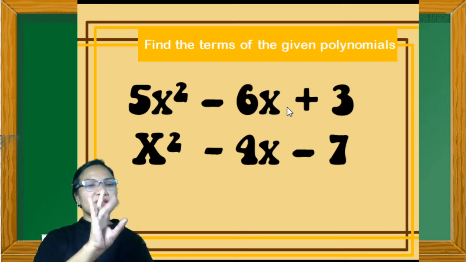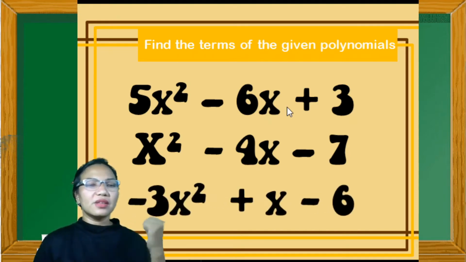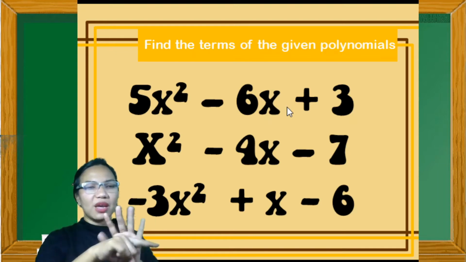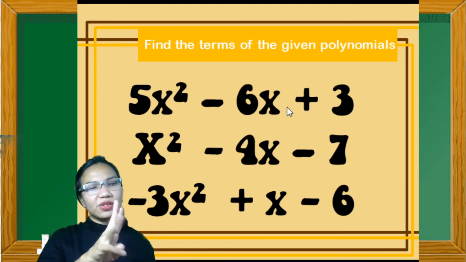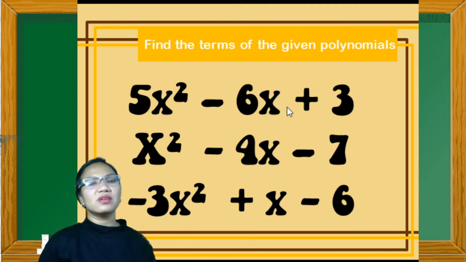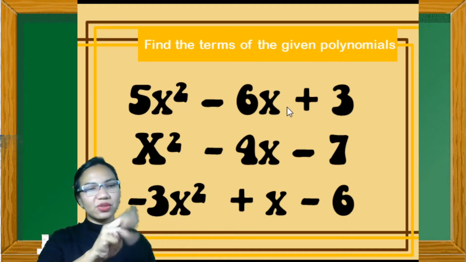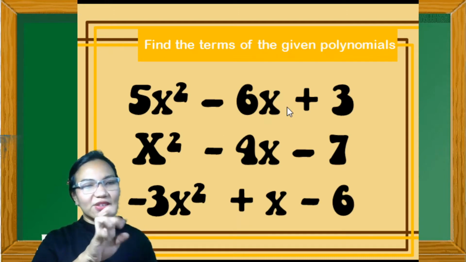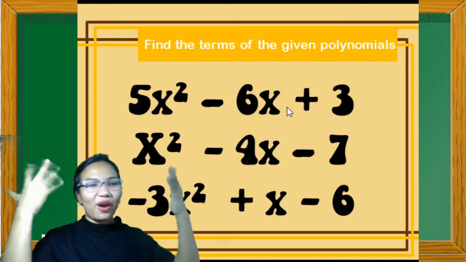And then negative 7, third. Another one, negative 3x squared plus x minus 6. The first term here is negative 3x squared, followed by the second term, positive x. And in the third term, it is negative 6. Wow!